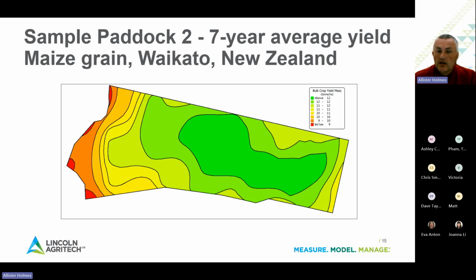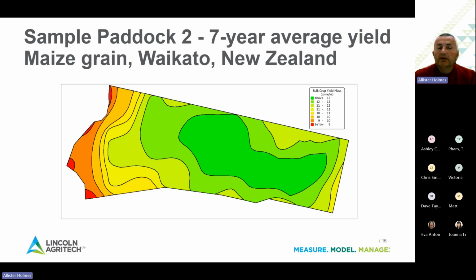And you can see in the main rectangular part of the paddock that the yield is up over 11 tonnes, even over 12 tonnes per hectare. But there's an area down towards the uneven left-hand end of the paddock, which you can probably tell is adjacent to a small stream, which the yield is significantly lower.